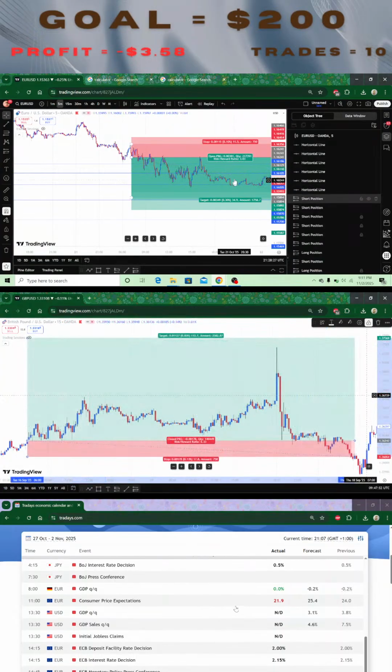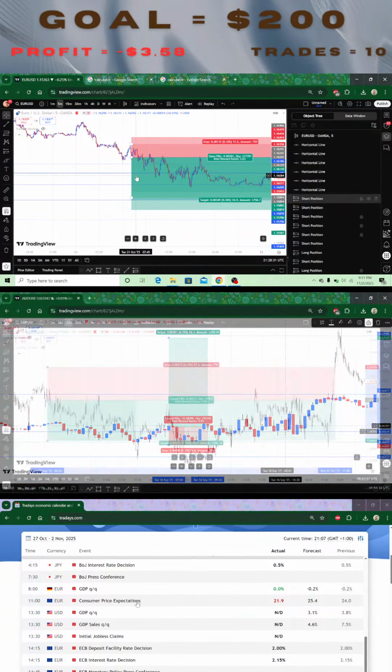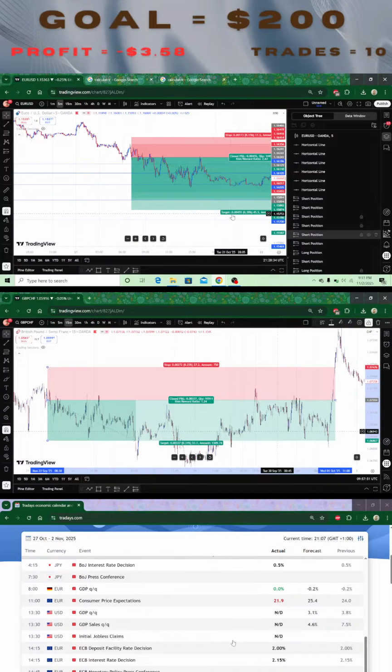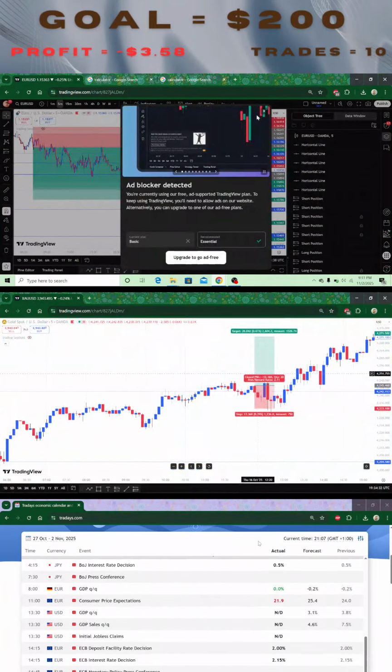So what we're going to do now, as you can see, this one that we used for the experiment has already hit take profit.